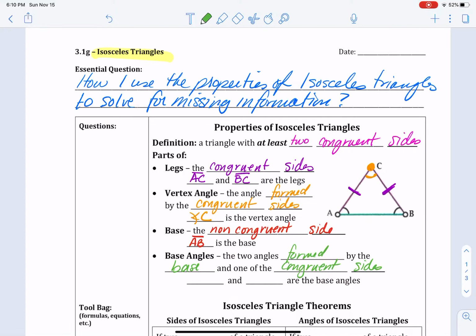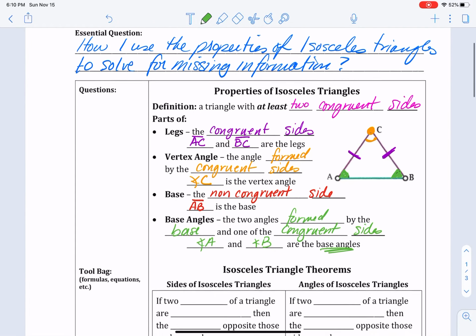In this example, angle A and angle B are the base angles. So they each have specific names. And so as we talk about them, where they're located and the properties that are involved are specific and based on location and property.